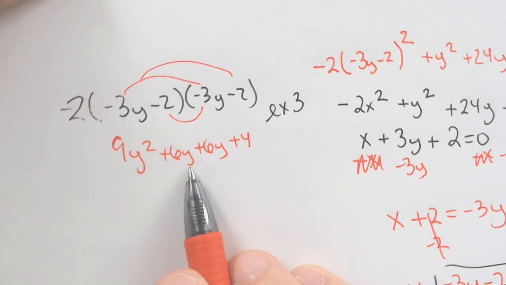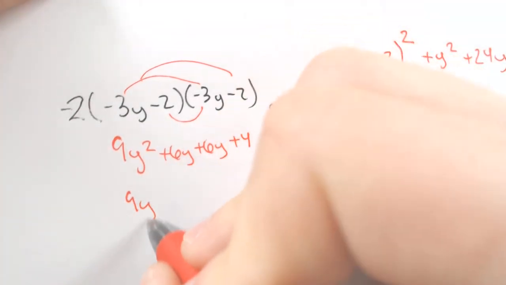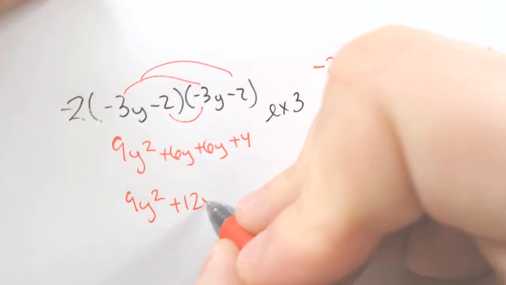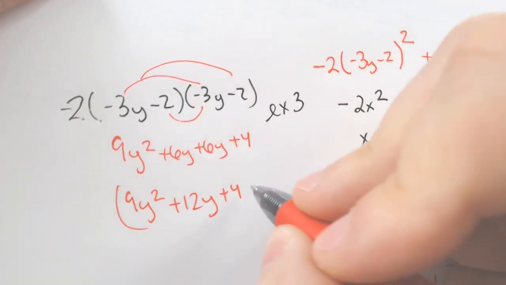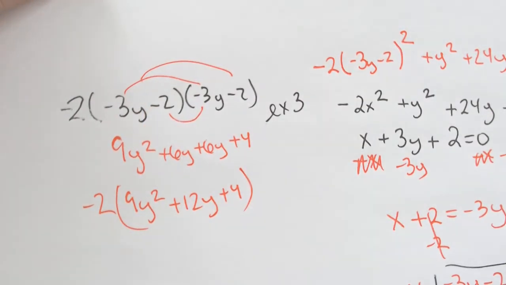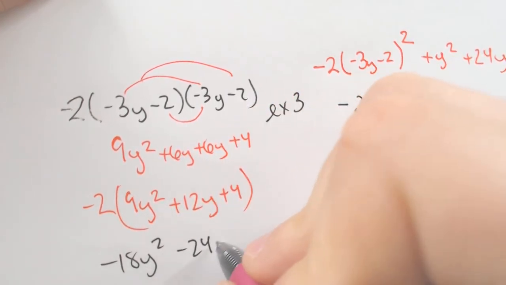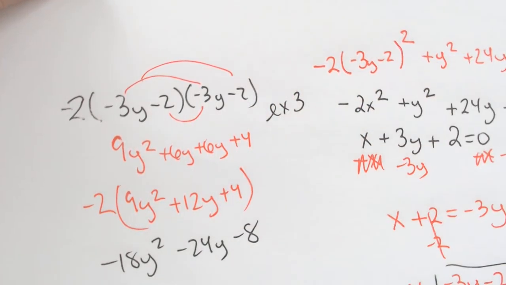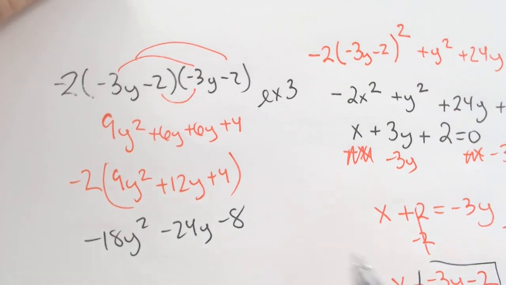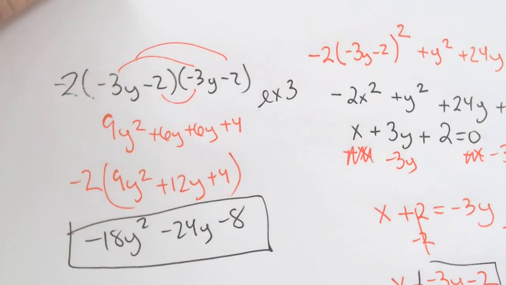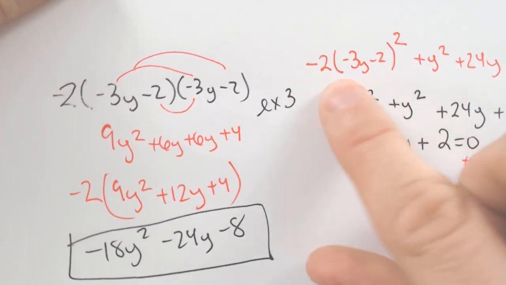And if we have plus 6y and plus 6y, you end up with 9y squared plus 12y plus 4. Multiply by negative 2. Negative 18y squared minus 24y minus 8. And that is this foiled out version of this thing right here.